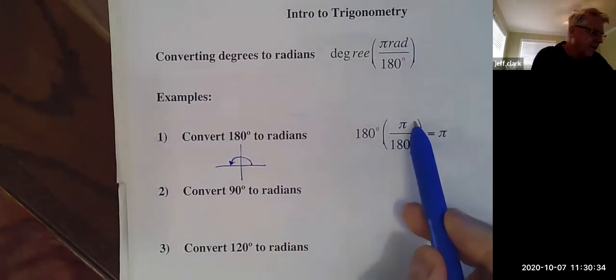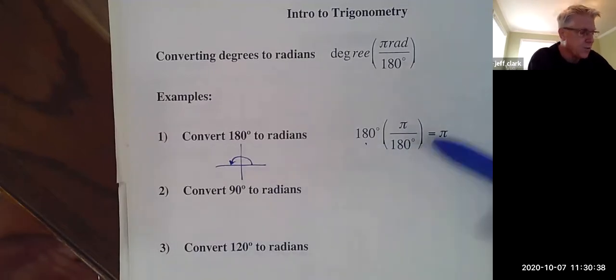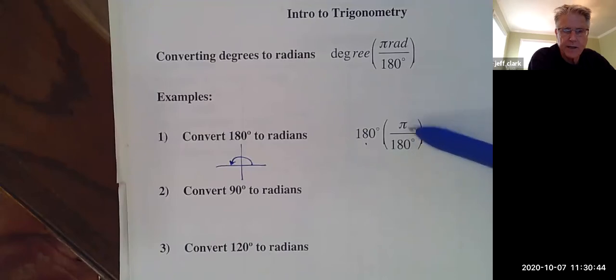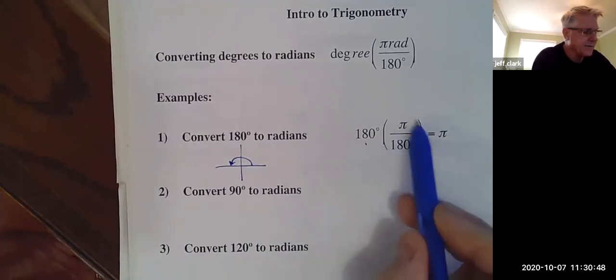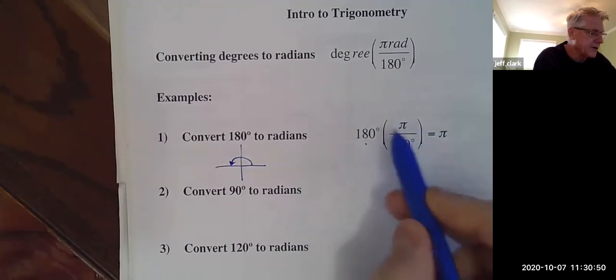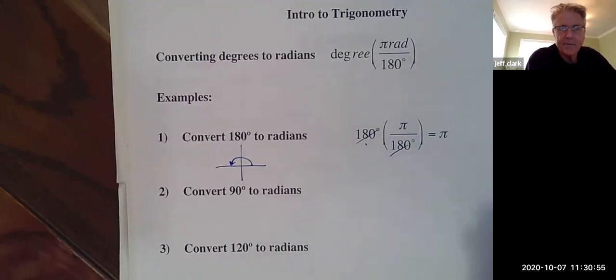So if I want to convert 180 degrees into radians, there's this ratio of pi is to 180 degrees. Those are equivalent. So that's a radian, that's a degree. If I multiplied 180 degrees times this ratio, notice 180 degrees go away and you get pi. 180 degrees is equivalent to pi.